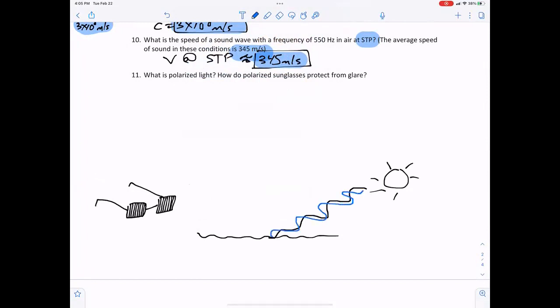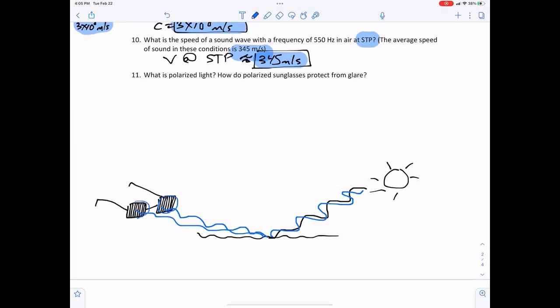You have what is called unpolarized light. Now, once it reaches the surface of the water, majority, not all of it, you're going to reflect light from the surface of the water or the surface of the hood of a car or anything like that. And what's going to happen is most of the reflected light is going to be horizontally polarized light. Okay, now some of it will be vertically polarized light, but most of it will be horizontal.